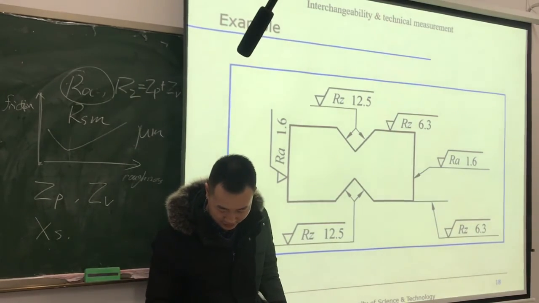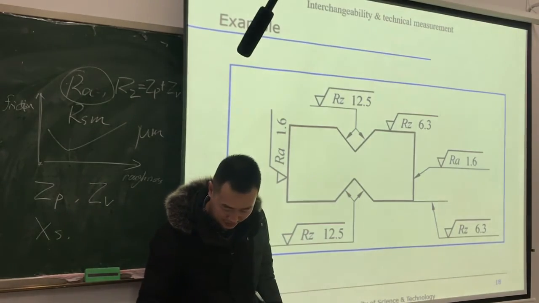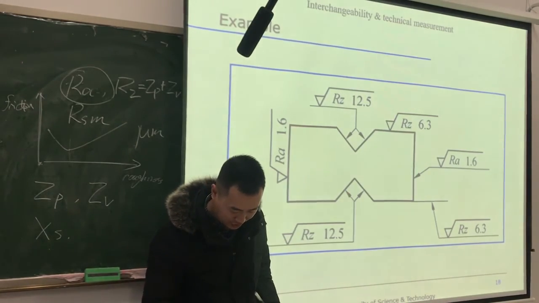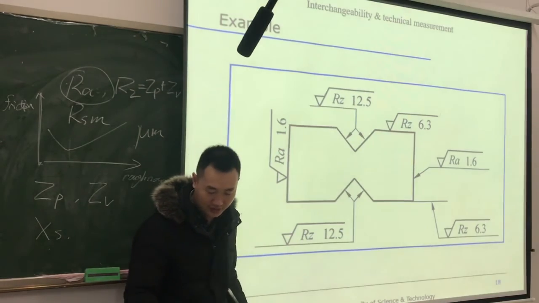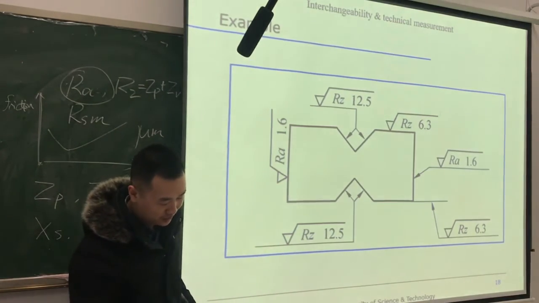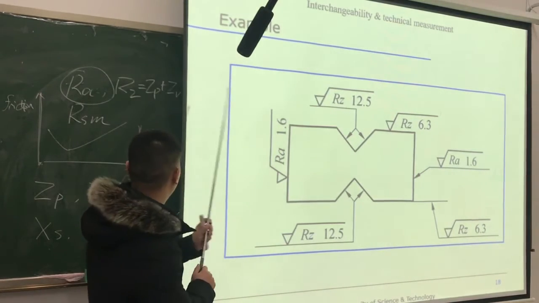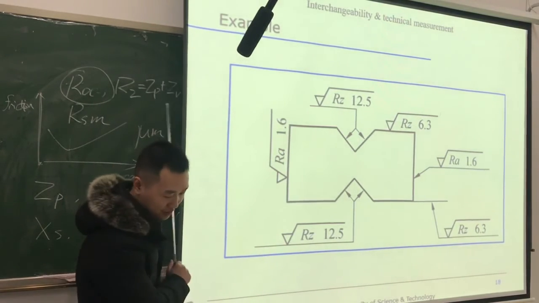You can find it on pages 138 and 139. On these pages, one table is for Ra, and another table is for Rz.